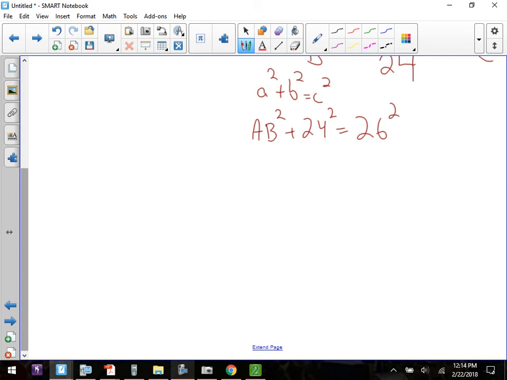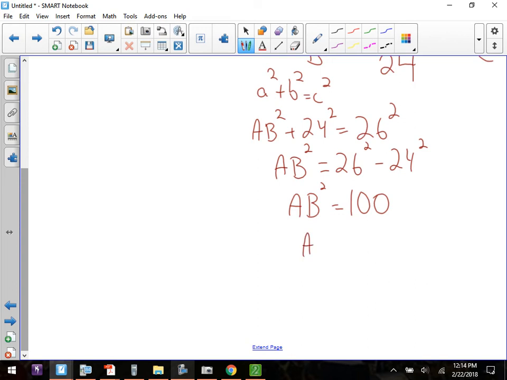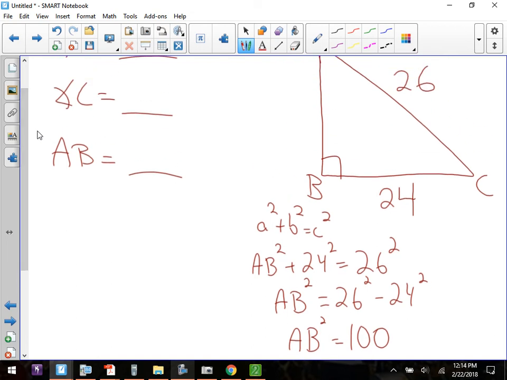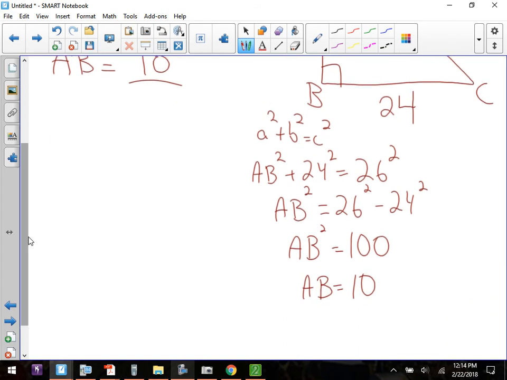That's all that was. So that segment AB is going to equal 26 squared, subtract 24 squared. And what's the square root of 100? That's what we were doing. I just wanted to make a problem real quick that I knew was going to work.